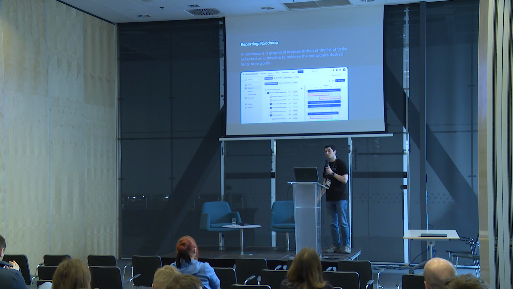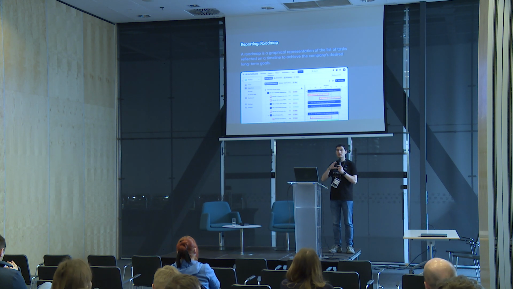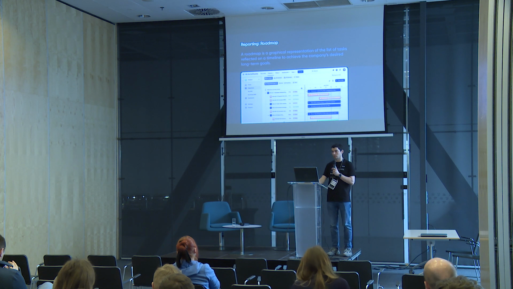Also, for people who love timelines and would like to understand how quickly you can execute your strategy on a timeline, you can use the roadmaps implemented inside our application.